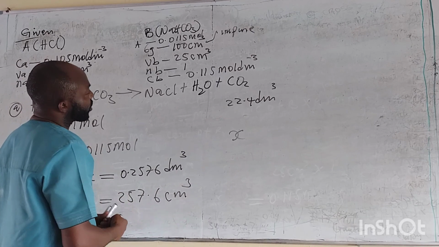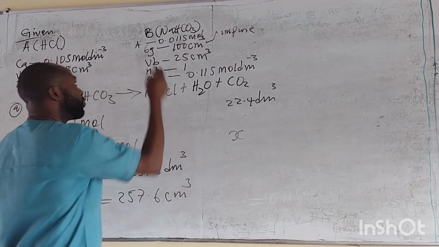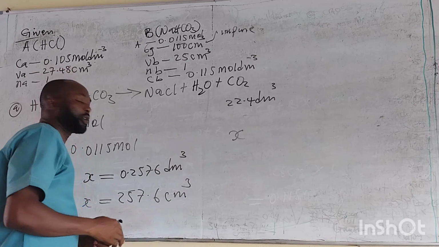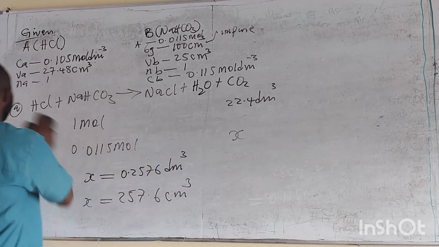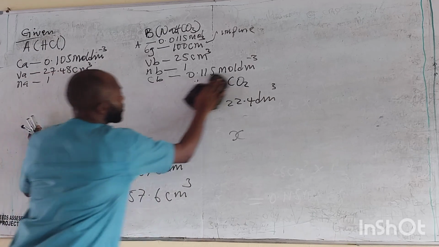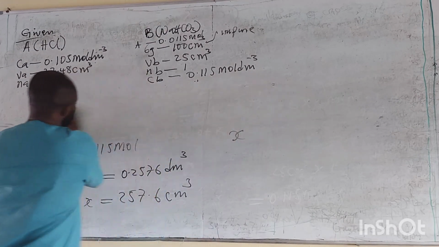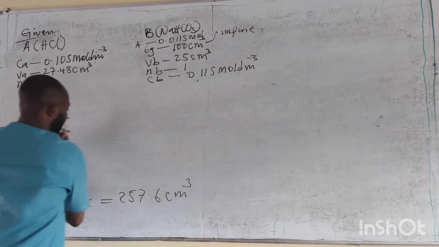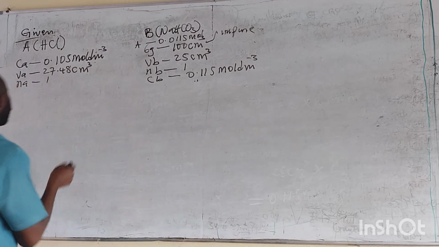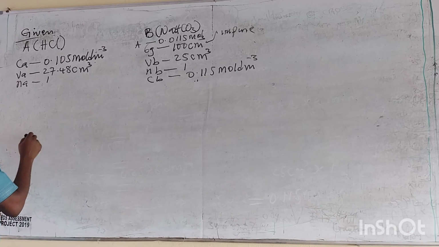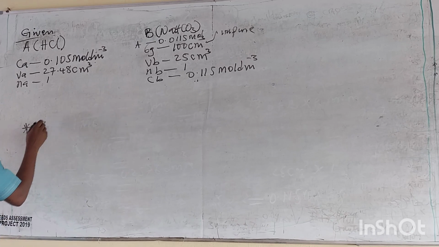But we have to also calculate the mass concentration of the pure sodium hydrogen carbonate, so that we'll be able to get our equation. Now, let me clean this equation of reaction. Mass concentration of impure, let me calculate that first.